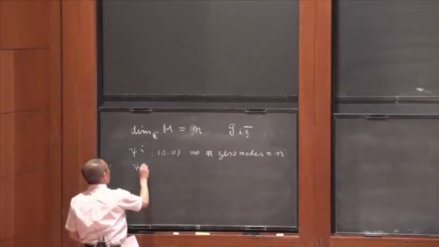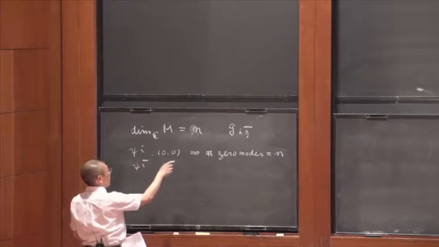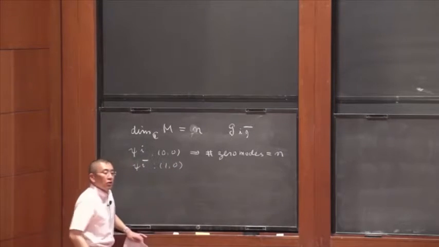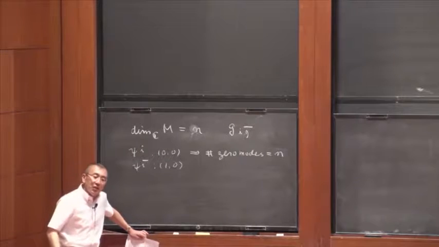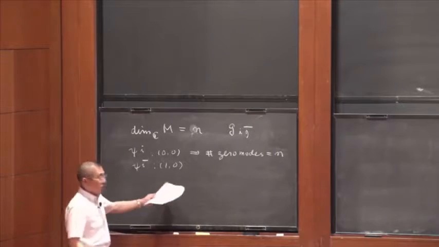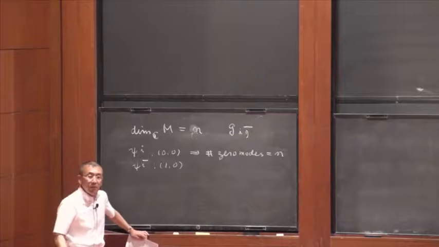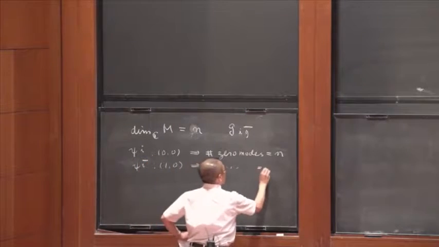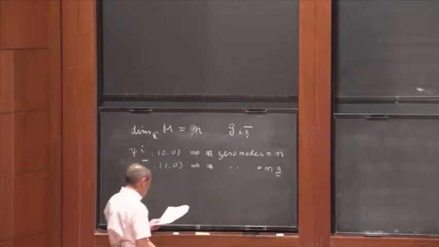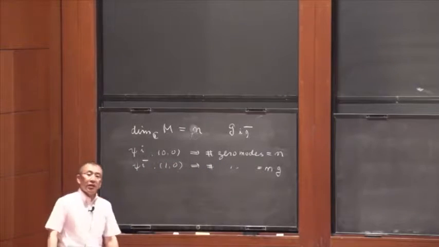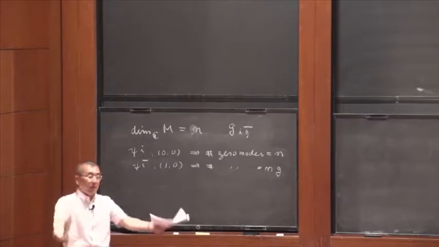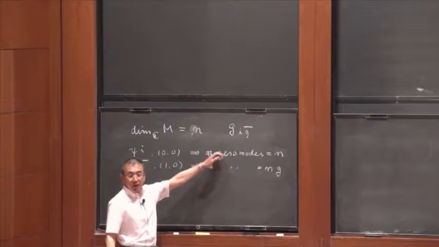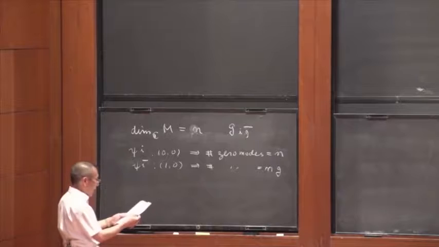On the other hand, psi I bar, where I and I bar go from 1 to n, would be a (1,0) form. So on the surface of genus G, the number of zero modes for the (1,0) form would be G. Therefore, the number of zero modes would be n times G. In general, if the target space Calabi-Yau is curved, then these zero modes will be lifted because there are no translational invariances anymore in the target space.